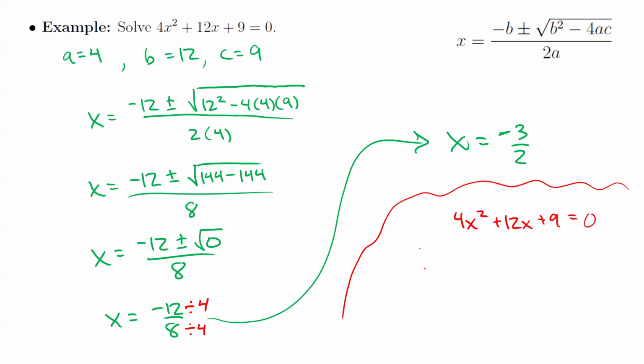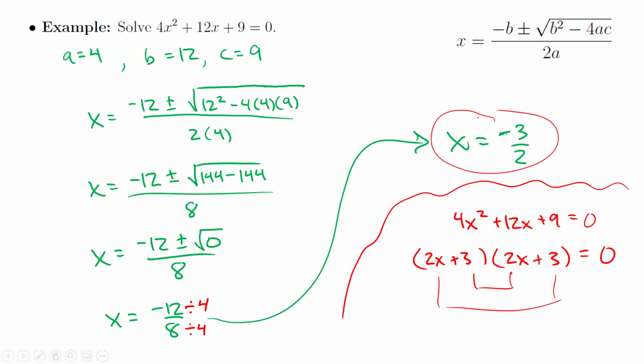So if you try to factor this, it turns out if you go 2x plus 3 in both parentheses, and then you check 6x plus 6x is 12x, that works. So what happens is when you factor it, you get the exact same factor twice. And so, of course, both of those factors produce the same solution. So that's why when we use the quadratic formula, of course, we're going to get the same thing, just a single solution.